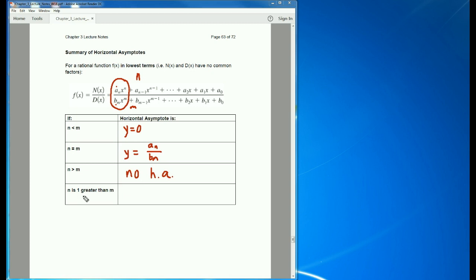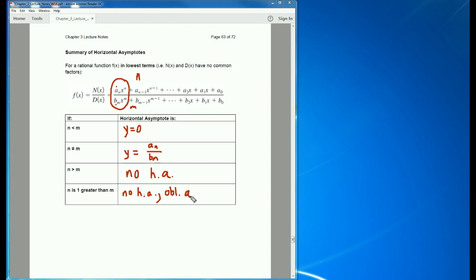The special case we just looked at, if the degree of the numerator is exactly 1 greater than the degree of the denominator, then there's still no horizontal asymptote. Okay, but what we do have is an oblique asymptote. I'm not going to write that out again. It's oblique.